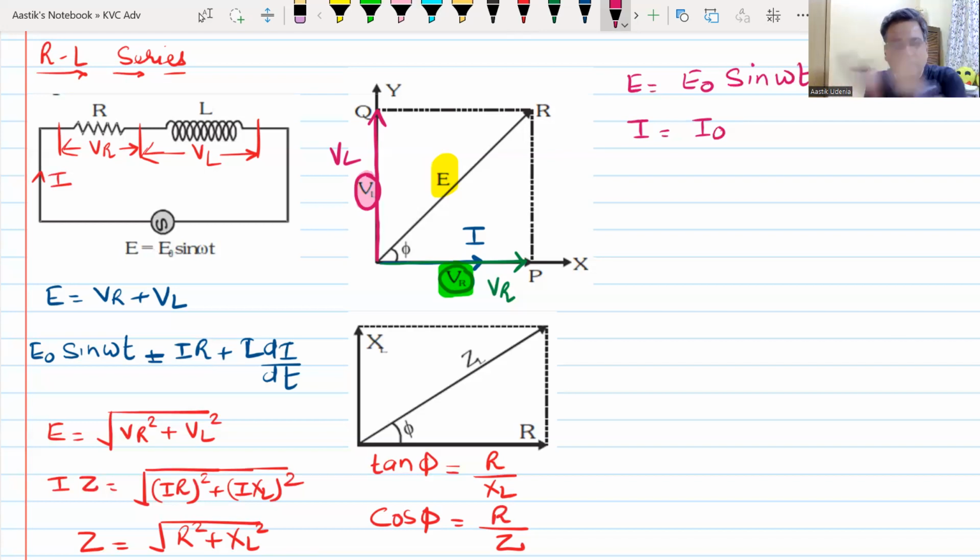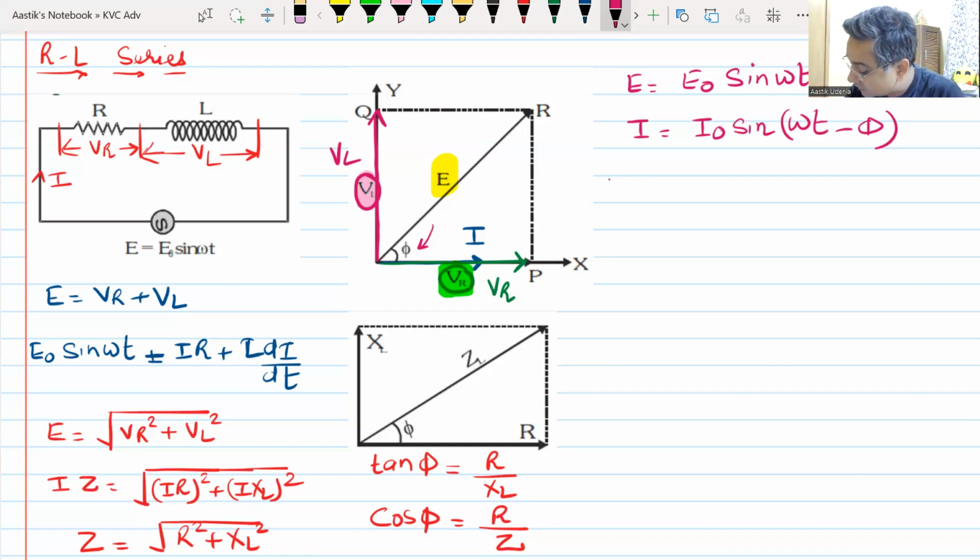But when it becomes a combination of L and R, voltage leads, but not by 90 degrees. It only leads by an angle of phi. So I can write current as I naught sine omega t minus phi, because current is behind.